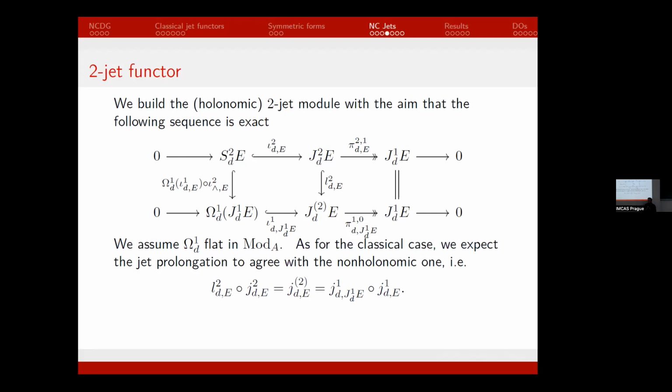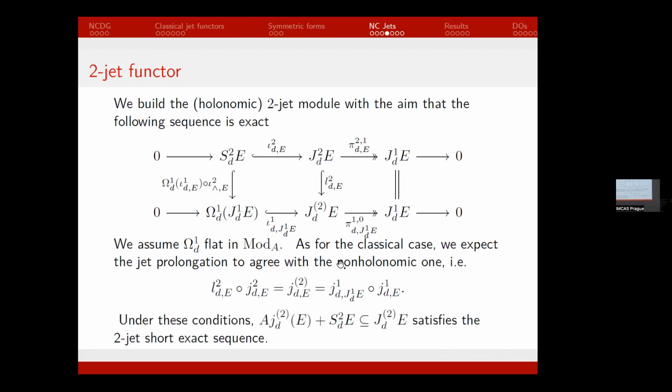So it's again tensoring by one and then tensor A. And it turns out that if you consider the sub-bimodule generated by jet prolongation and symmetric forms inside of J2 of D, this submodule does satisfy the two-jet short exact sequence. So this is a good candidate for the two-jet, but that's not enough.